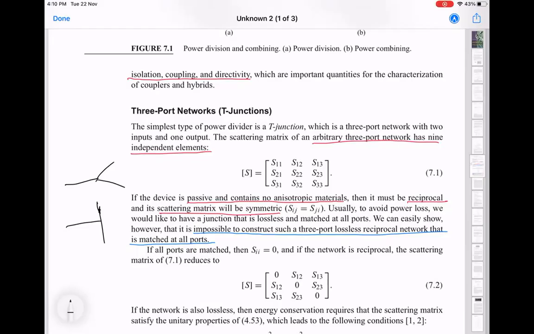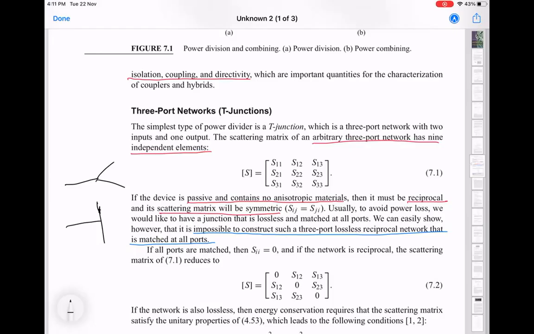So the generic S matrix is given here. It will have 9 elements, 9 complex elements. If you say that it's going to be a passive material with no fancy anisotropic material, which means this magnetic stuff which we talked about, then it has to be reciprocal and the scattering matrix has to be symmetric.